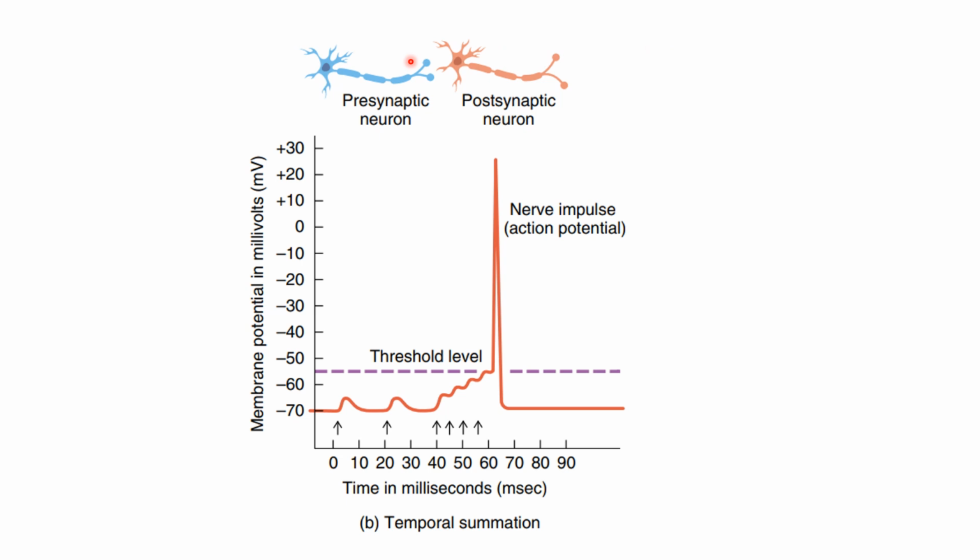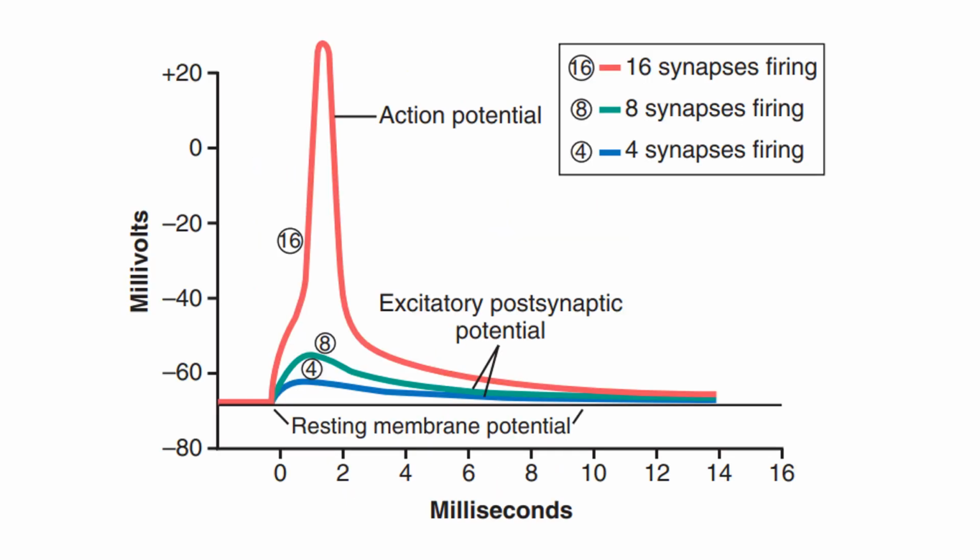The other type is temporal summation, in which frequent stimulation, which can be from the same point, results in a higher change in the membrane potential, a higher amplitude, and may reach threshold and fire an action potential.